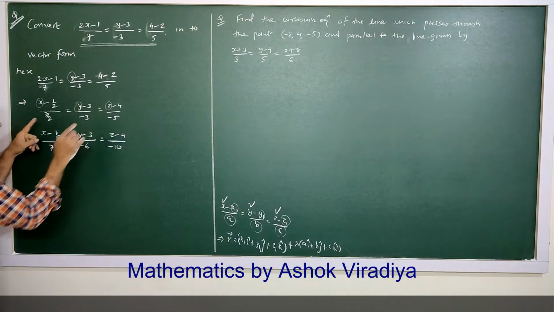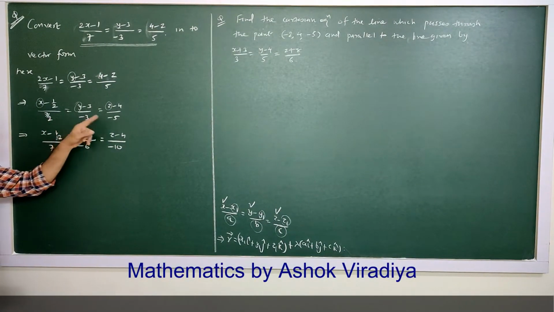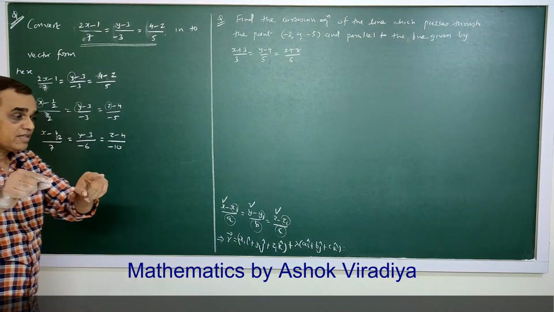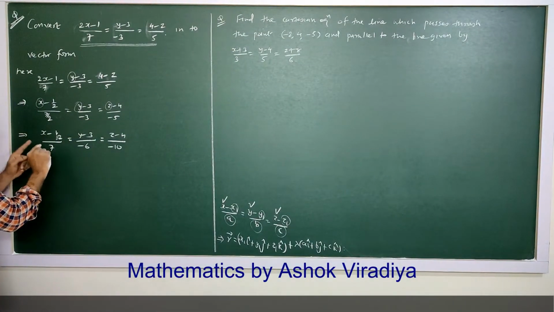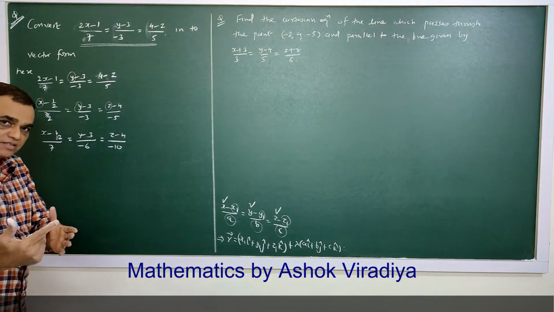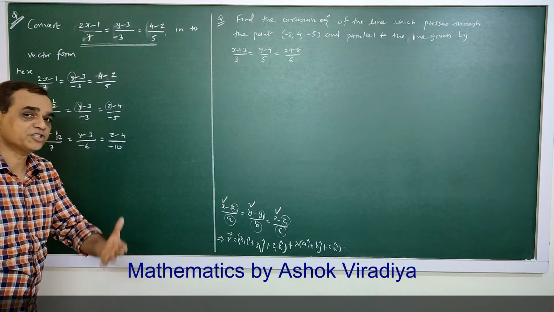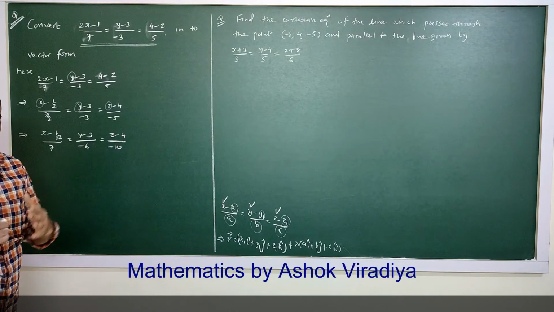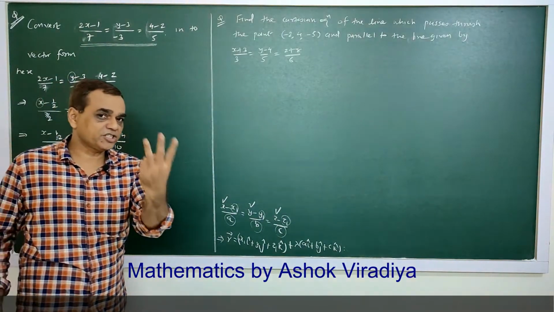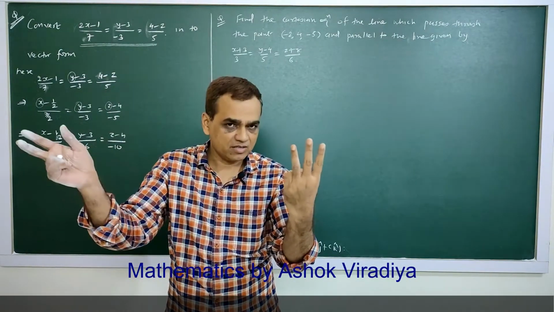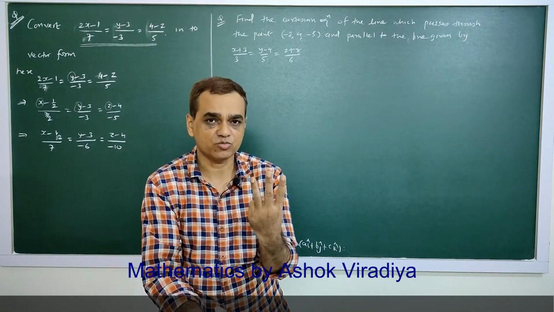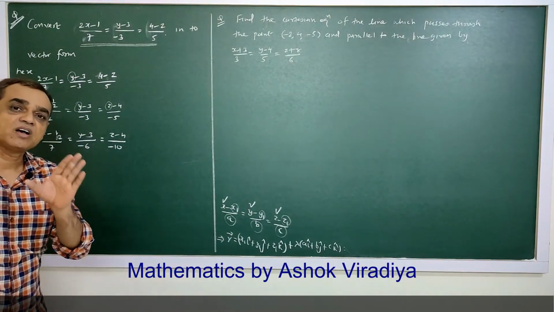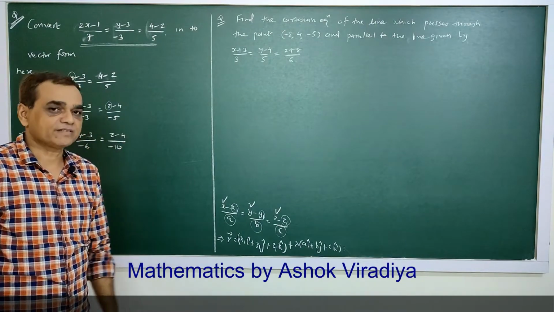See, this triplet is showing direction ratios. Then multiplying this triplet by 2, we get a new triplet. It also shows direction ratios. So there are infinitely many sets of direction ratios. Any triplet showing direction ratios, you multiply by any number, you will get a new set of direction ratios. So these numbers can be taken as scalar components of a vector parallel to that line.